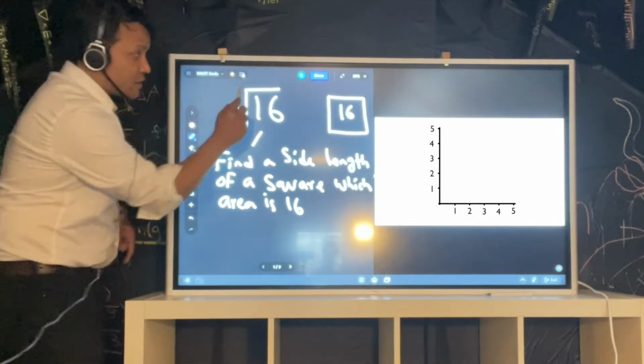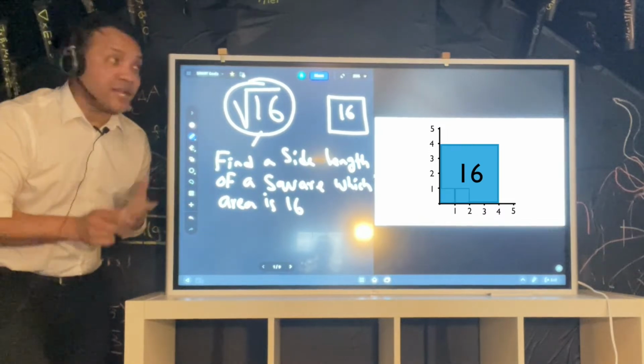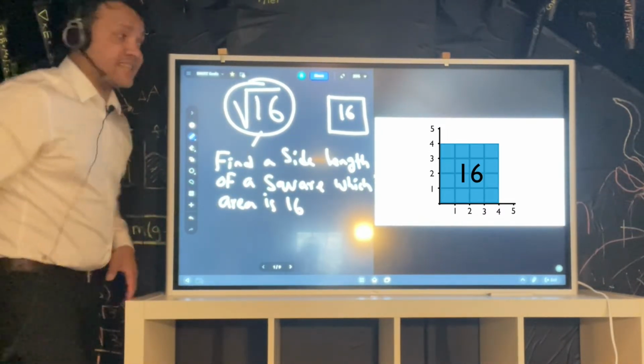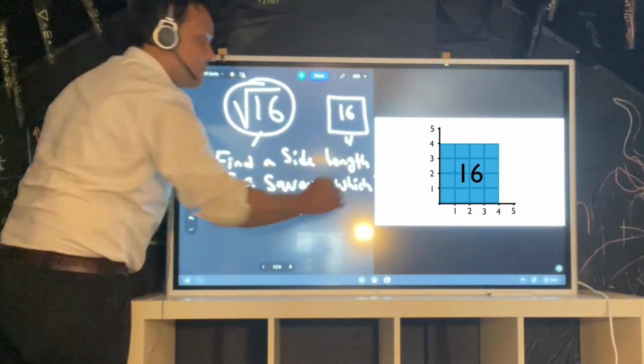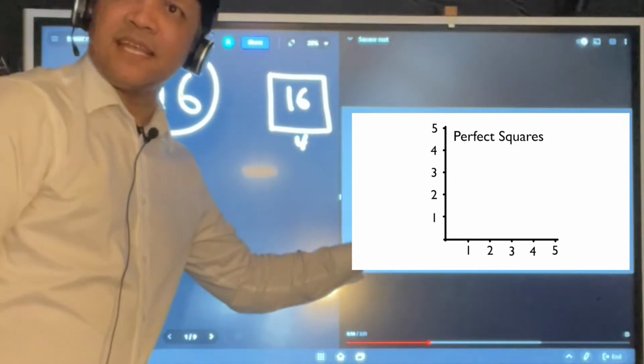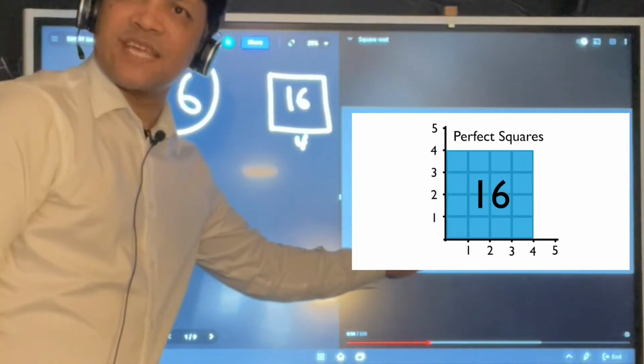When you see square root of 16, you should be saying a square whose area is 16, that means whose side length is 4.